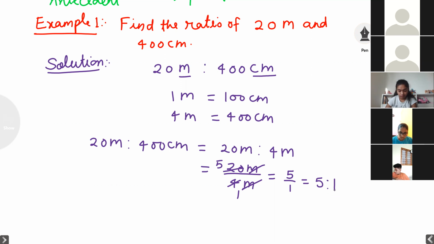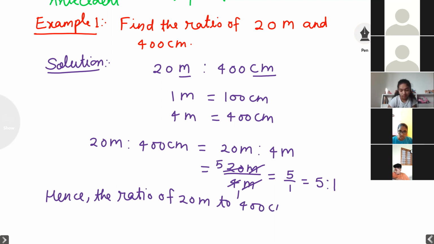Hence the ratio of 20 meter to 400 centimeter is 5:1.